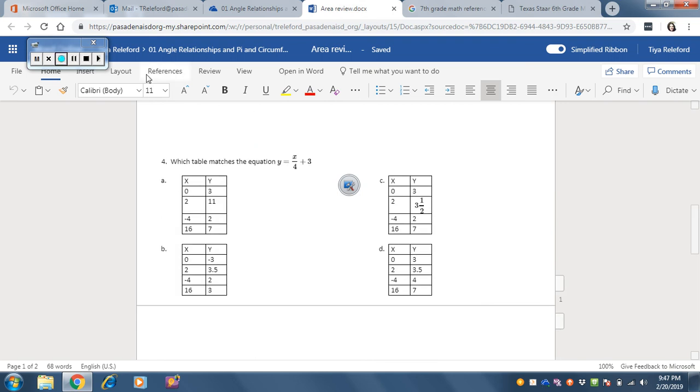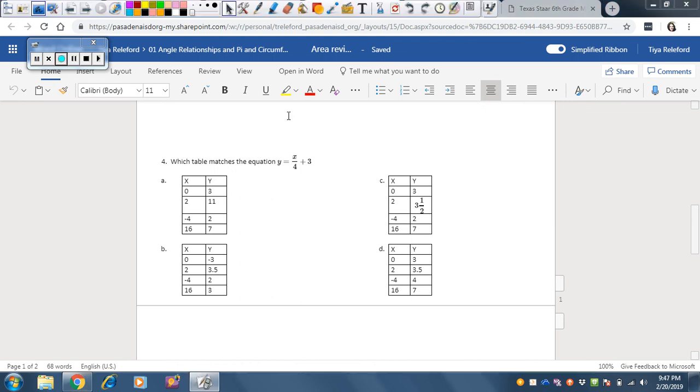Okay, so the first thing you're going to do when you get one of these is with your highlighter, you need to highlight the y-intercept. For the y-intercept, when x equals 0, y has to equal what? 3. So you can already cross one off immediately.